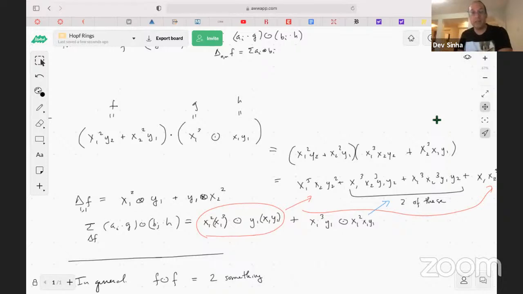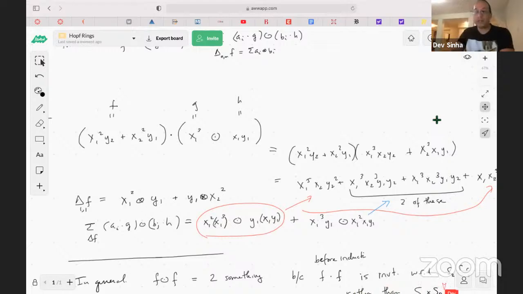The other way to say it is that f times f, right before induction, is invariant with respect to an S2 wreath Sn rather than just Sn cross Sn.